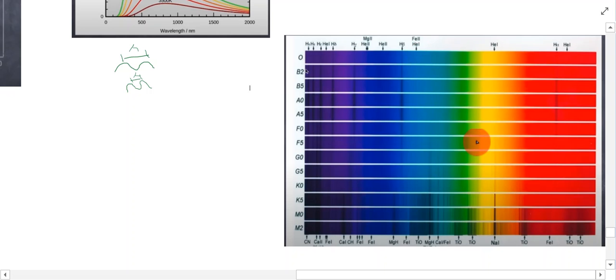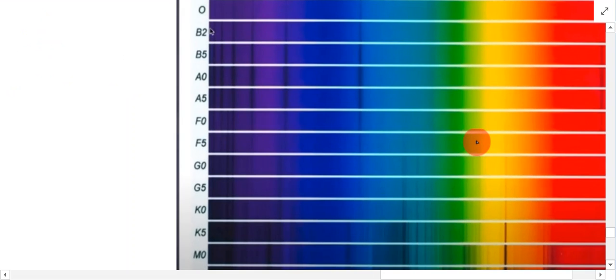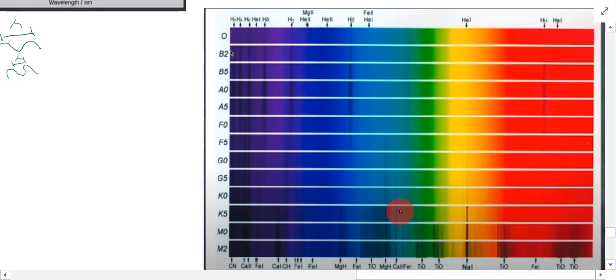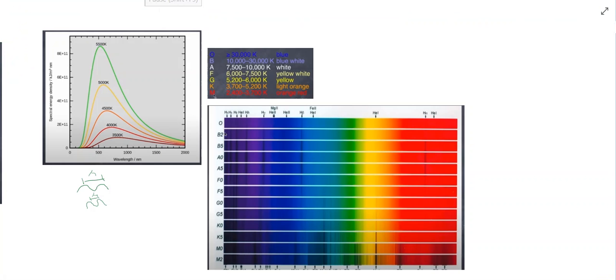And this is what it looks like here. So what we're looking at here are absorption spectra for these different types of stars.